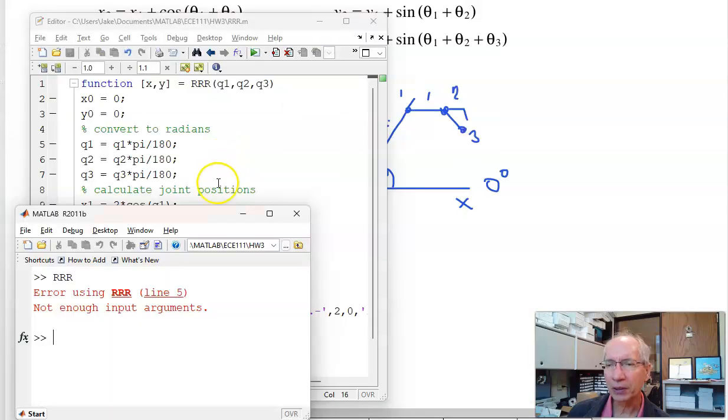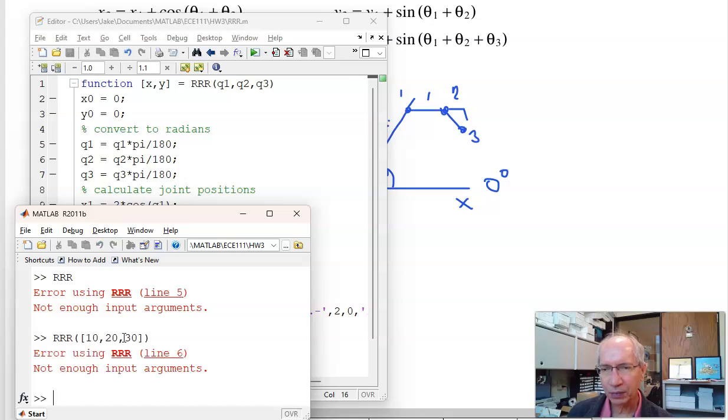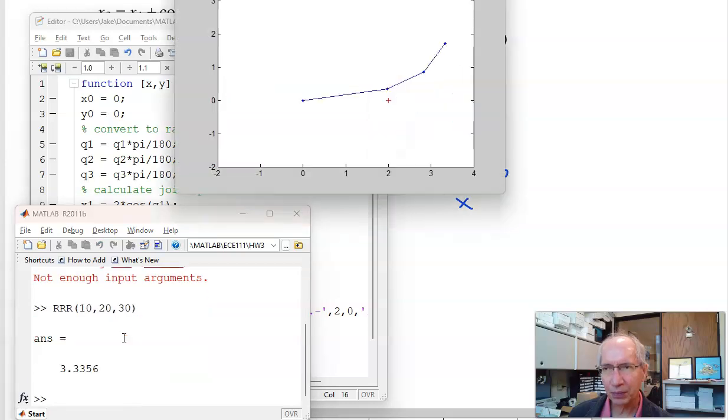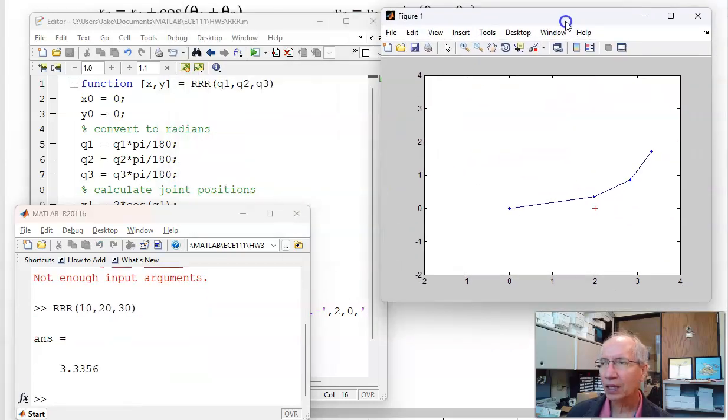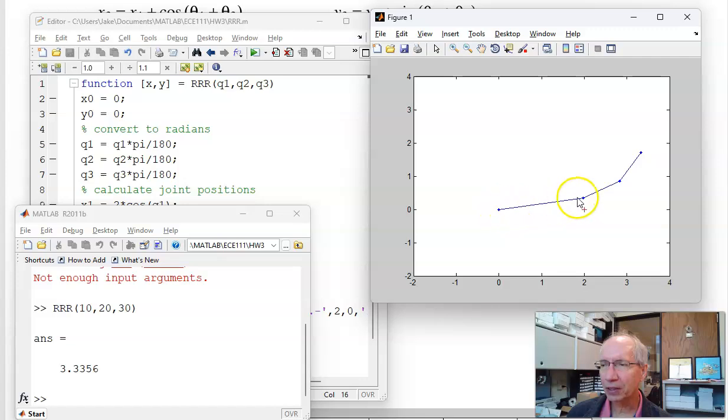So in the command window, I can now call it, say rrr 10 degrees, 20 degrees, 30 degrees. It then calculates, here's the base, the first link, second link, third link.